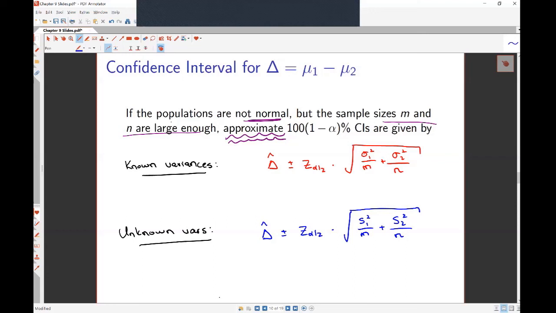And just remember, in both of these settings, these are approximate confidence intervals, meaning they don't have exactly the coverage level we're interested in, but as long as the sample sizes are sufficiently large, they're going to be pretty accurate approximations. And we will look at examples of these hypothesis testing procedures, as well as the confidence interval construction during our live Zoom session tomorrow.